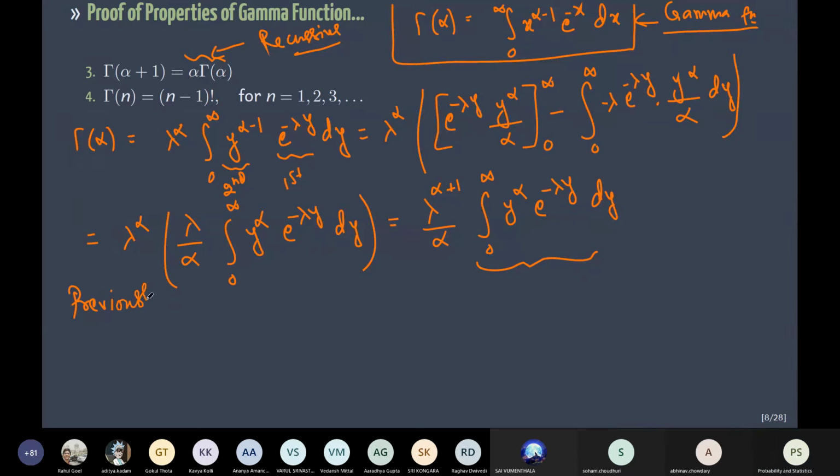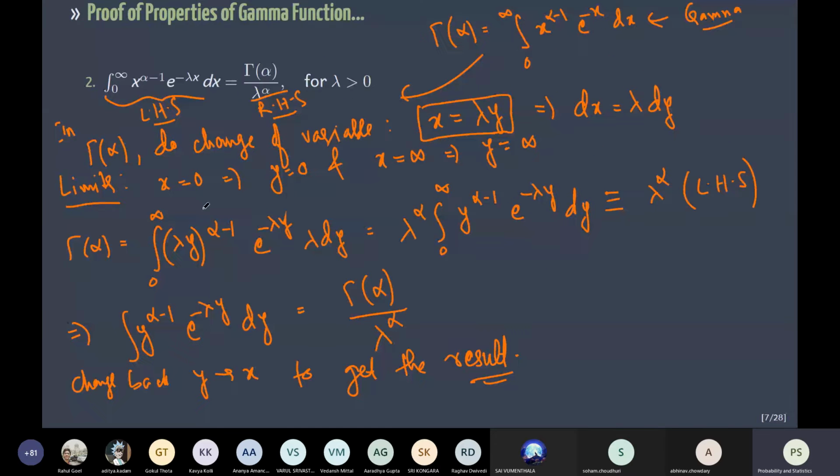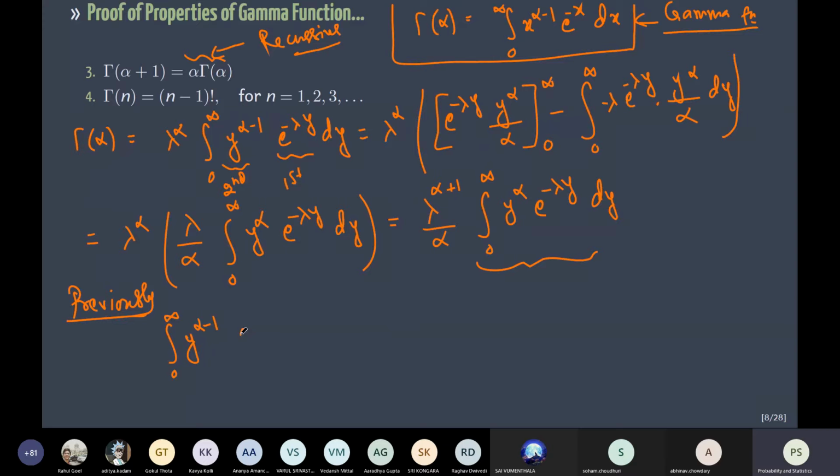If we flash back our memory, the integral from 0 to infinity of y to the alpha minus 1 e to the minus lambda y dy was gamma alpha by lambda to the alpha, right? So this was property 2. If we look here, what is the thing that is changing?